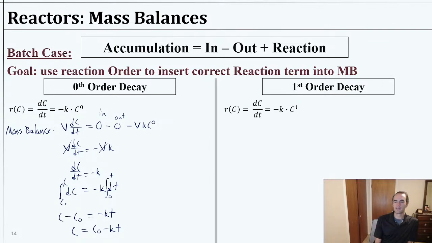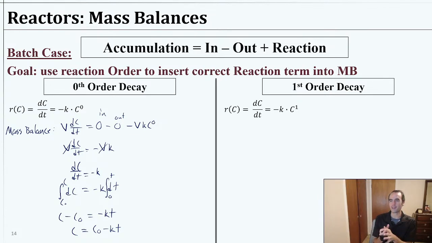If your question is how much money you have left after 4 months, that's C. C naught was your initial starting point, that was $100. Your rate was $20 per month, and your time was 4 months. That all works out and is so obvious that it's like, why did I need any integrals here, right?